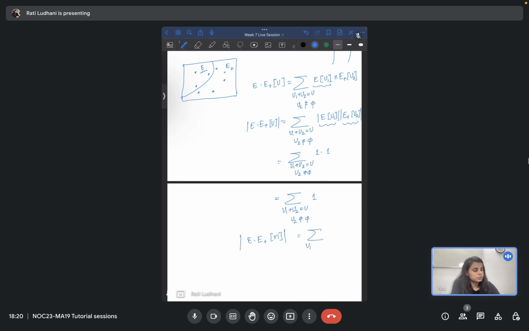You are just trying to get the partitions of U such that U2 is non-empty. So you are partitioning into two blocks. The other way to see it is that you are trying to get one set U1; if you get U1, then the complement will be U2, so there is no choice for U2. So you just take all the subsets. You can think of U1 as ranging over the subsets of U.